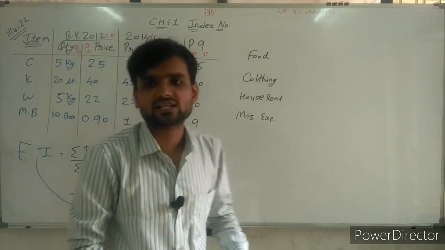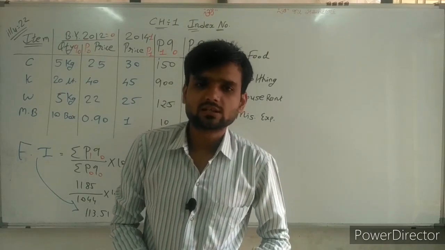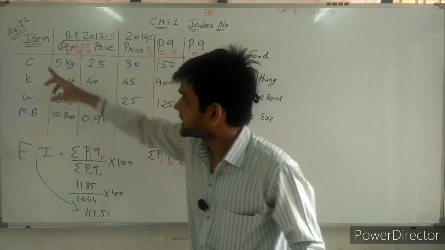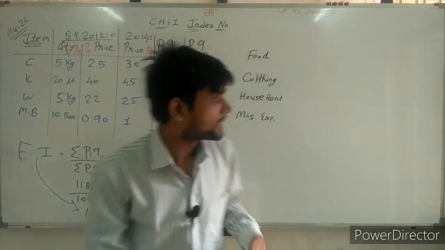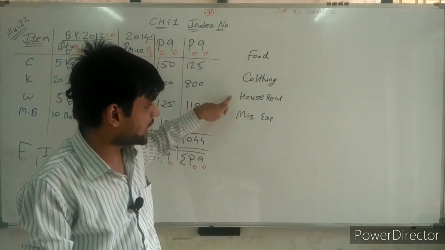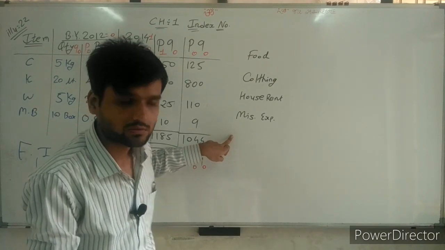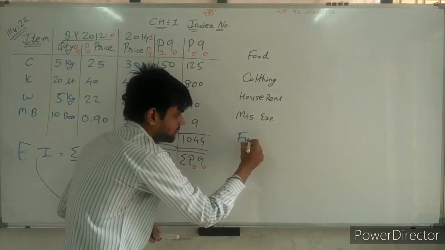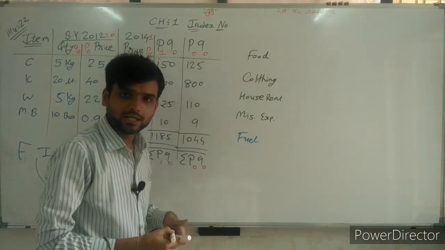All these things are given. Now this is for the fuel item and this is for food, clothes, house and miscellaneous. And fuel I am writing.